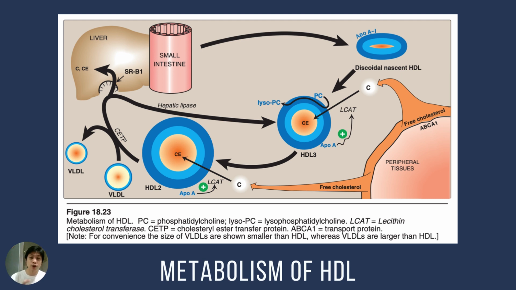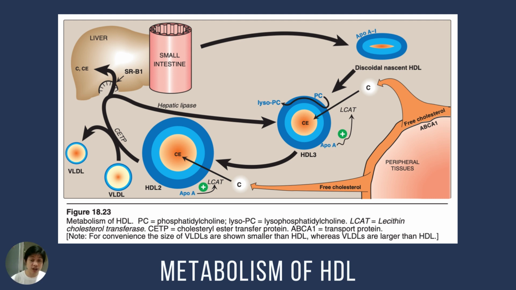So this form of HDL is still discoidal, which means it's like an oval structure. So this discoidal nascent HDL then takes up free cholesterol from the peripheral tissues through the action of LCAT, lecithin cholesterol acyl transferase. Okay, so it takes up cholesterol esters from the periphery.